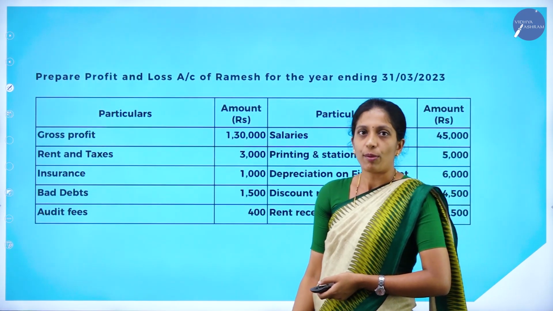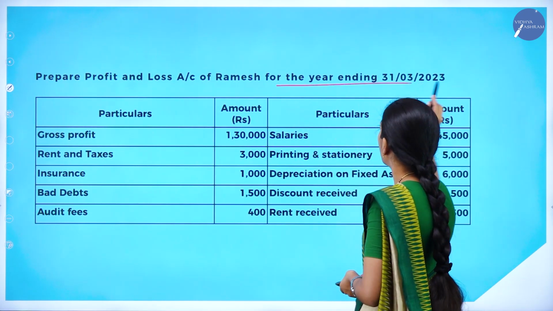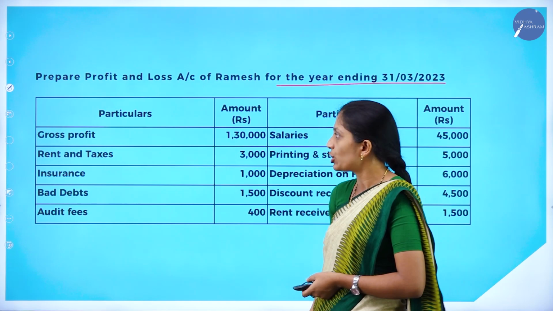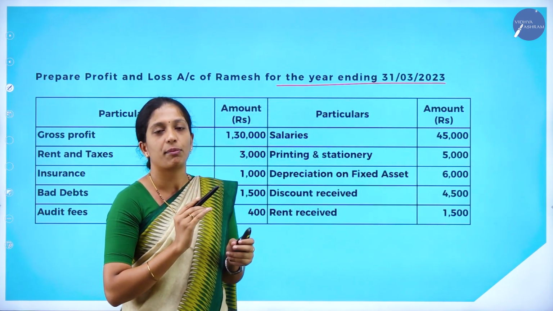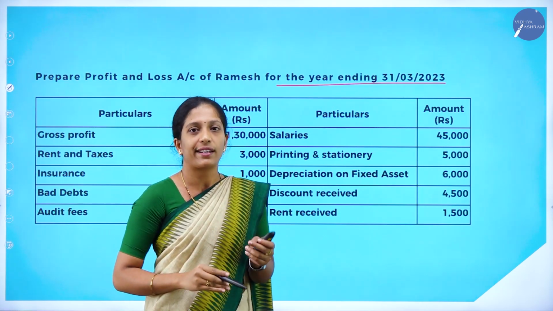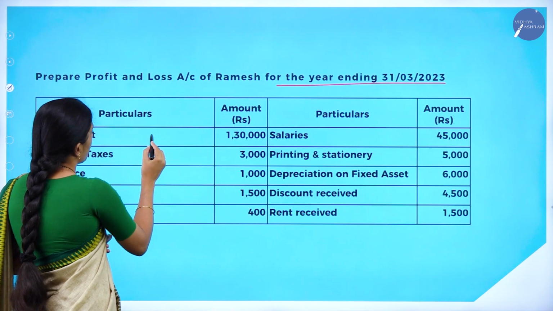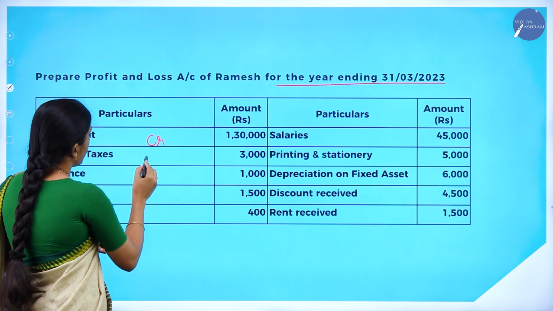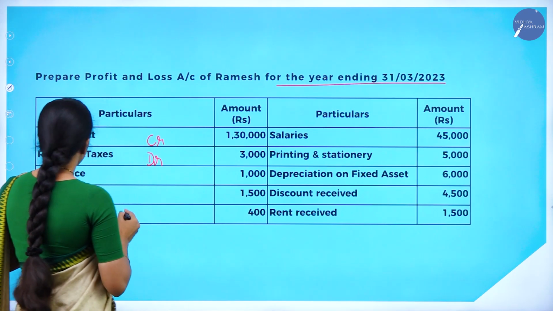Now one more problem we shall solve here. Prepare the profit and loss account of Ramesh for the year ending 31st March 2023. Let us see where we have to take each item here itself so that it will be easy for us to record in our profit and loss account. First we have gross profit, you will record in the credit side. Rent and rates, that is taxes, debit side.